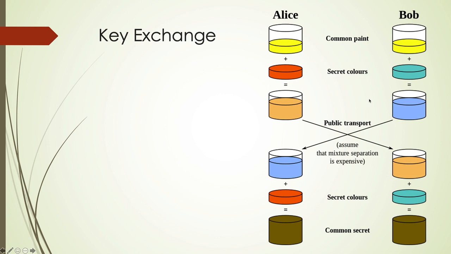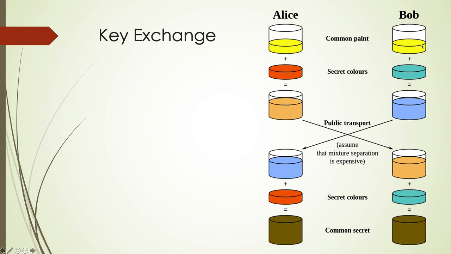So what this ends up being is the mix of this. Each of these is a mix of the public key and each private key, and nobody knows the actual private key, but it's a mix of these three colors.